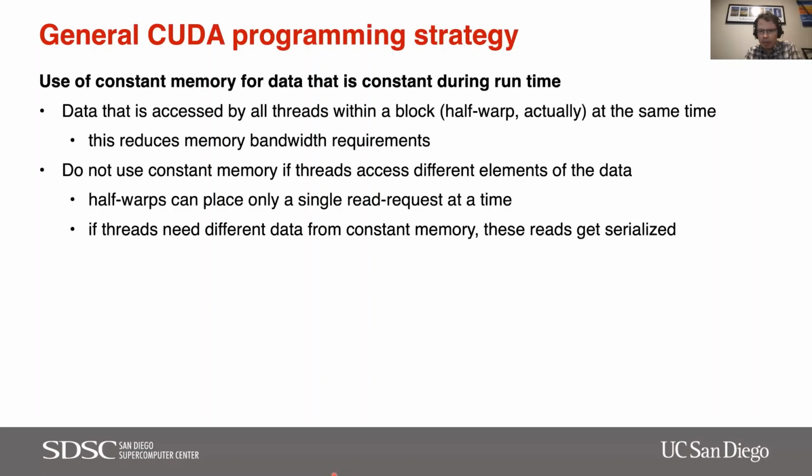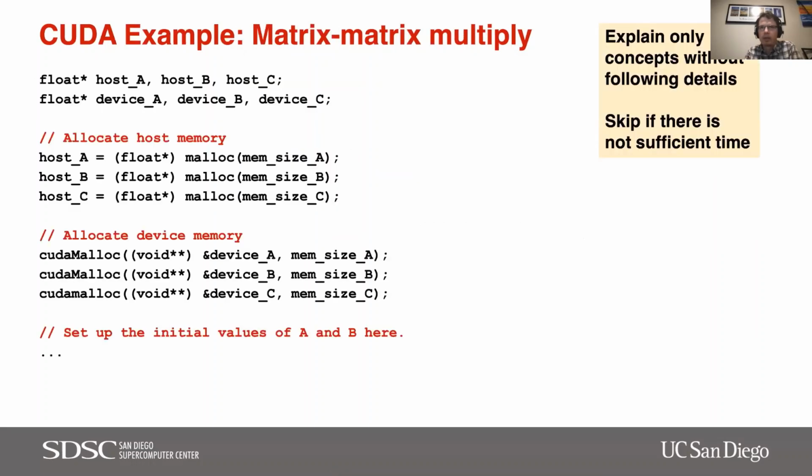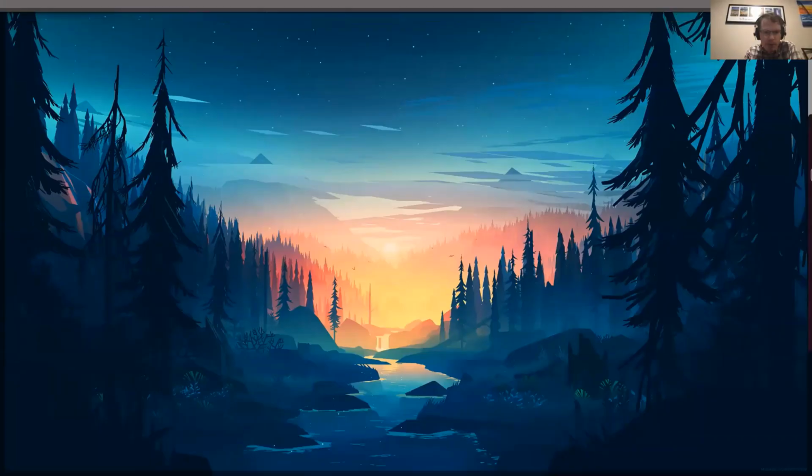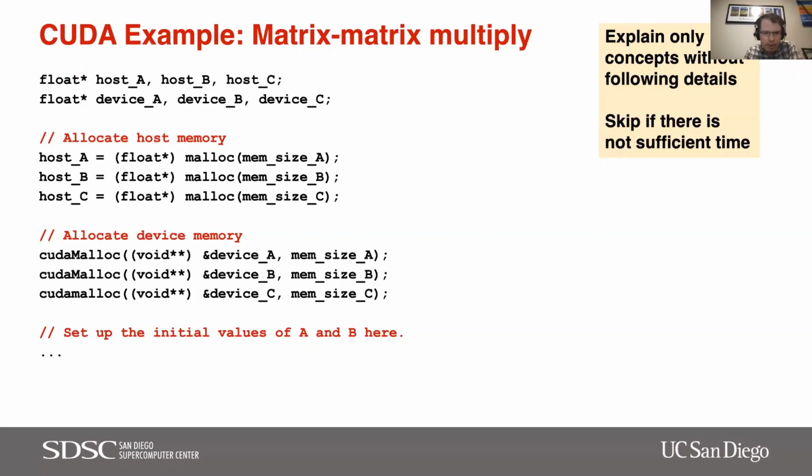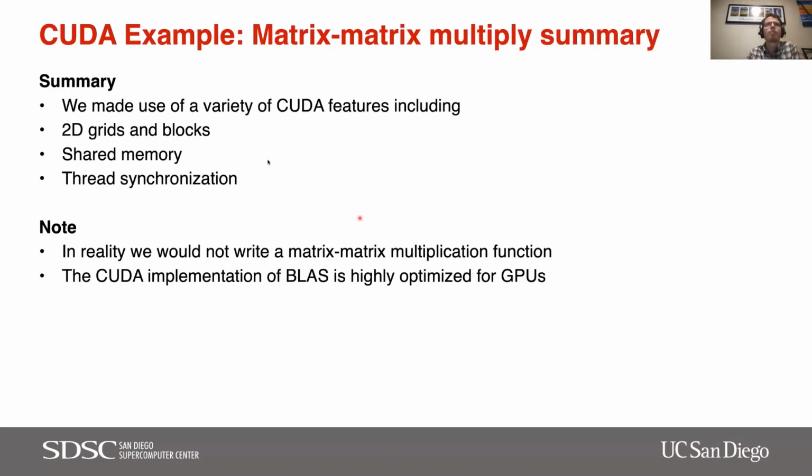There's a matrix multiplication example that I'm going to skip over because there's no time for us to look at it. What that example is doing is making use of two-dimensional grids and blocks, shared memory, and thread synchronization.